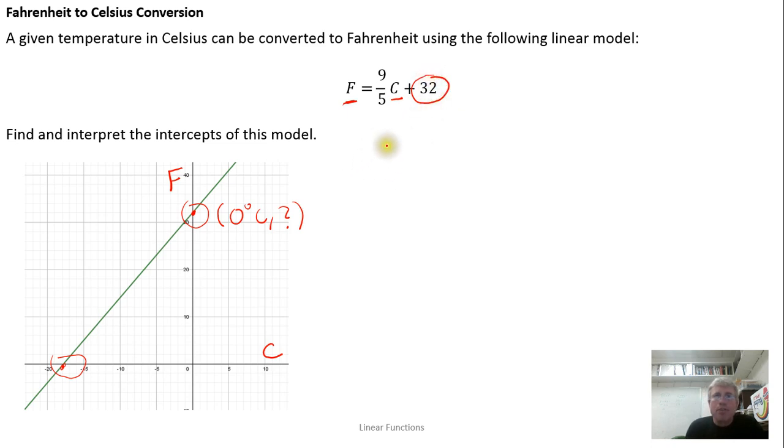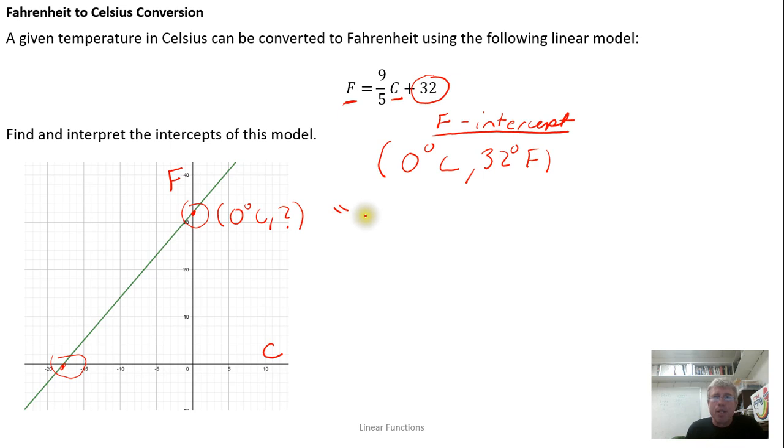So for this model, if we have a temperature of 0 degrees Celsius, it's going to correspond to a Fahrenheit temperature of 32 degrees Fahrenheit. And this is going to be the Fahrenheit intercept or vertical intercept. And then all we need to do is interpret that intercept in the context of the model. So that's just simply saying what the intercept means in words.